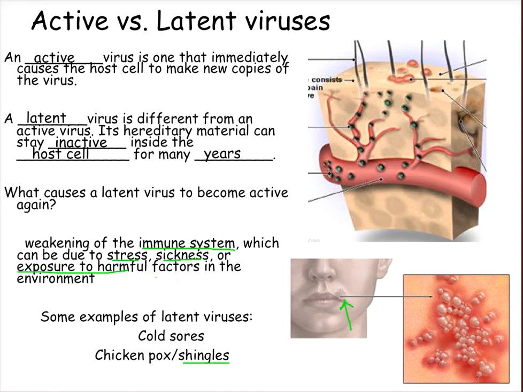Any remaining viruses can retreat back into the cells that are near your spinal cord, and they will stay there latent until your immune system weakens enough for them to activate again. They won't activate as the original chickenpox, with the original symptoms, but in a form called shingles.